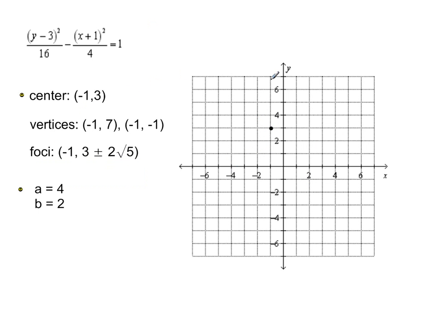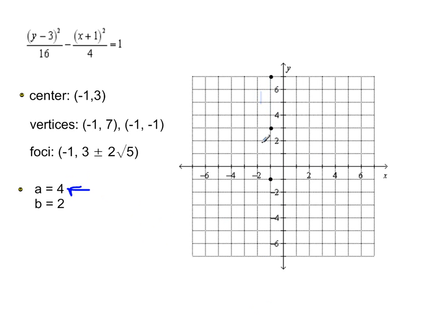Plot our vertices: negative 1, positive 7, and negative 1, negative 1. It's pretty easy to see that the distance from the center to the vertex is 4 units, which we got from a over here.